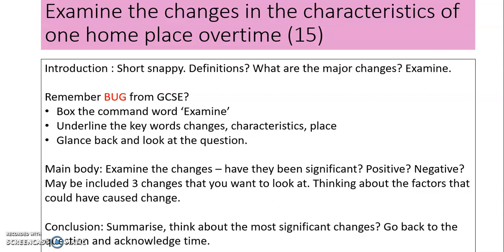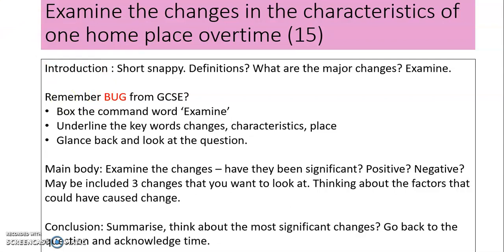It's almost like a 'to what extent' question, except of course examine just sounds that little bit more tricky. Examine does mean picking apart, coming to some kind of conclusion, weighing up. If it helps, remembering the BUG system from GCSE might help.